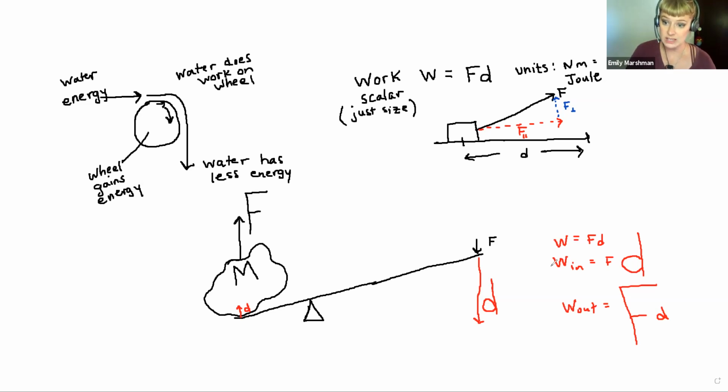And what you will find is that the work in is always equal to the work out for simple machines, because you always have this trade-off between force and the distance.